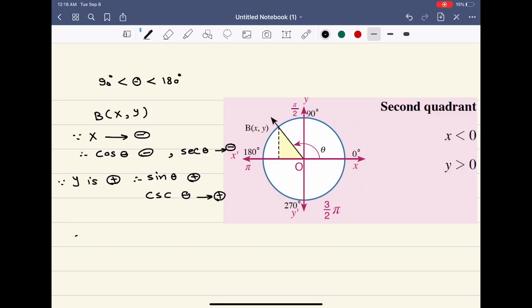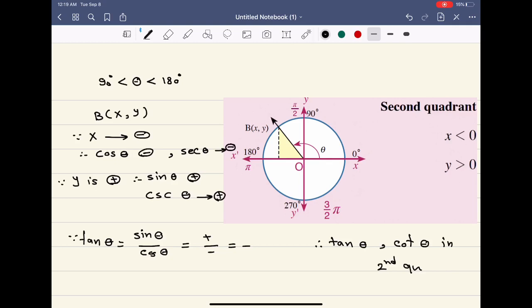Since tan theta equals sine theta over cosine theta, equals positive over negative, equals negative, therefore tan theta and cotan theta in the second quad are negative.